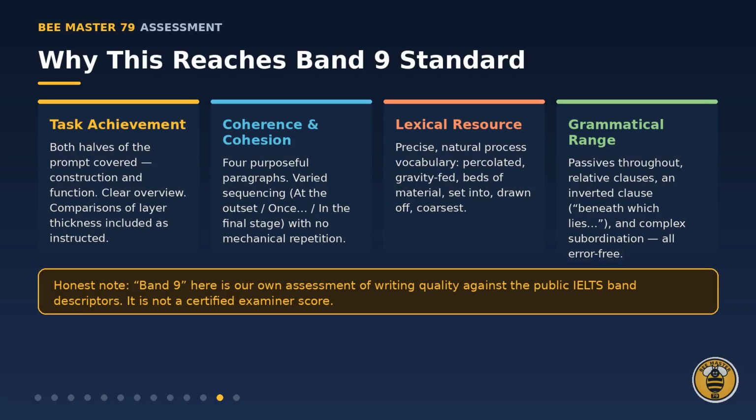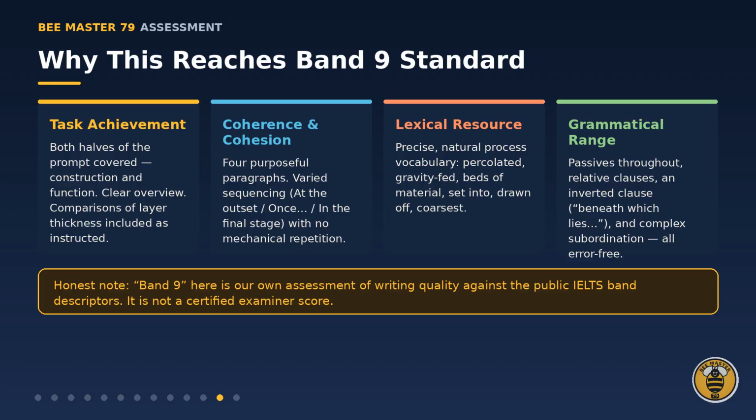So why would this answer score at Band 9 standard? Task achievement. Both halves of the prompt are covered, construction and function. There is a clear overview, and the comparisons the question asked for are there. Coherence and cohesion. 4 purposeful paragraphs with varied sequencing and no mechanical repetition. Lexical resource. Precise process vocabulary such as percolated, gravity-fed, beds of material, set into, drawn off, and coarsest.